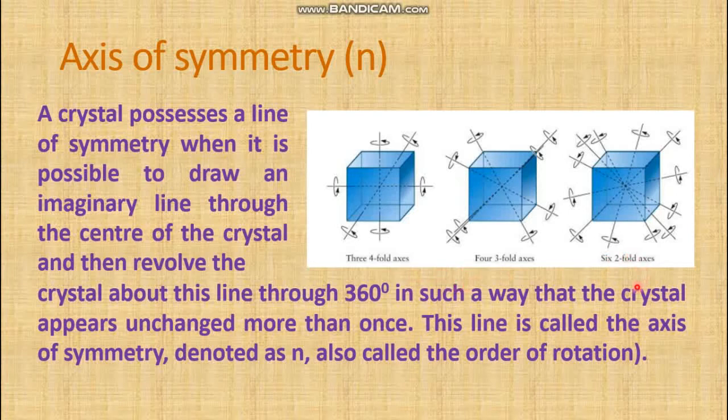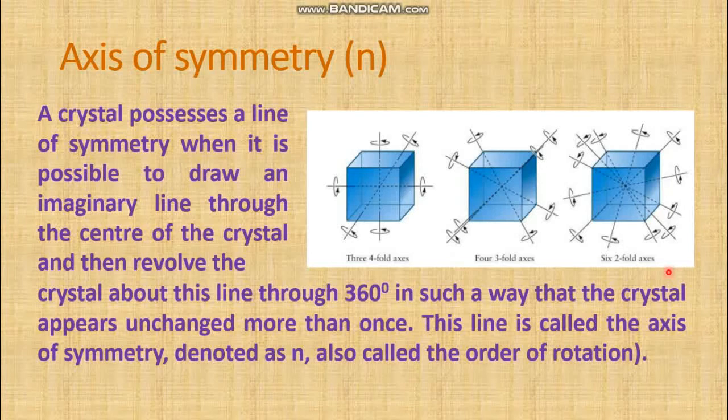And if you try to count them, you will find that the number of 2-fold axes of symmetry is 6 for a cube. 3-fold axes of symmetry are 4, and 4-fold axes of symmetry are 3. So as a whole, 3 plus 4 plus 6, that is 13 axes of symmetry for a cube.